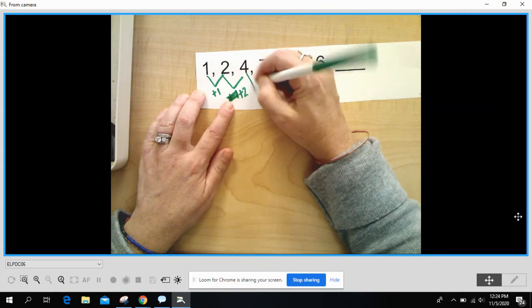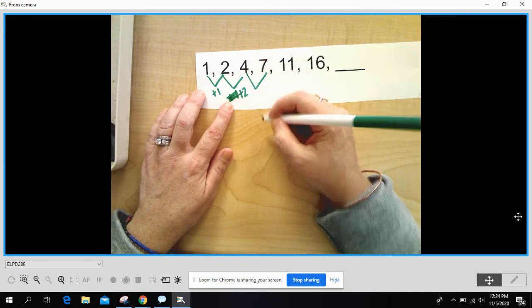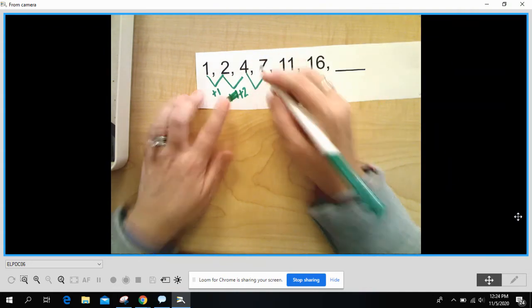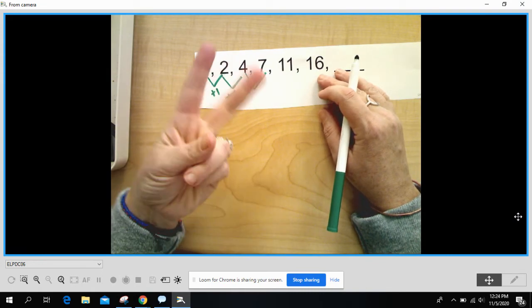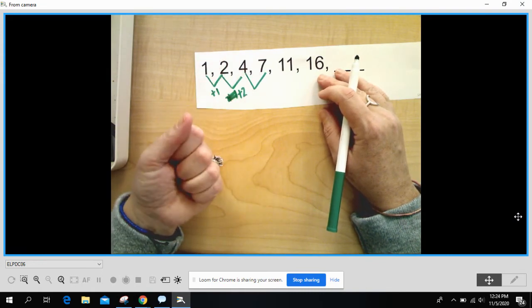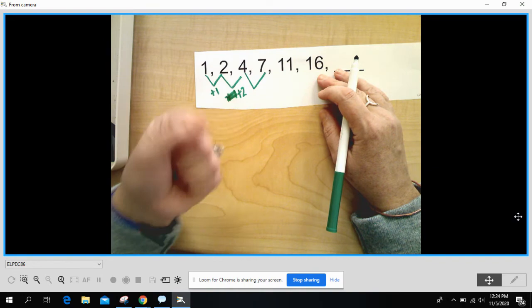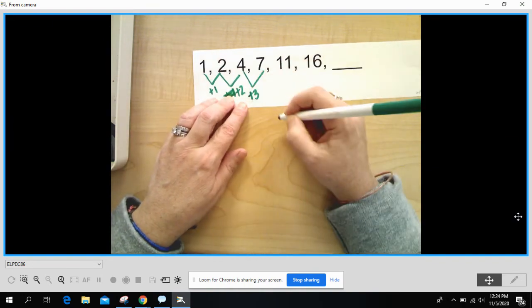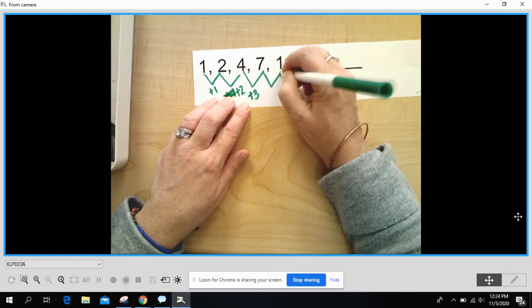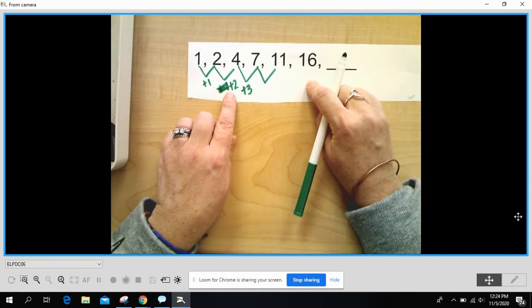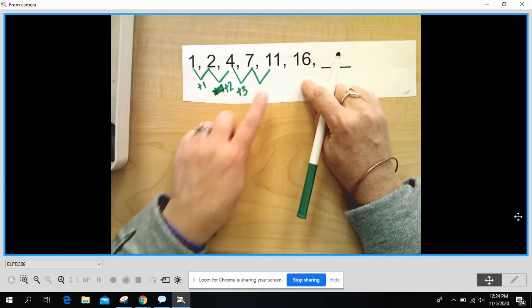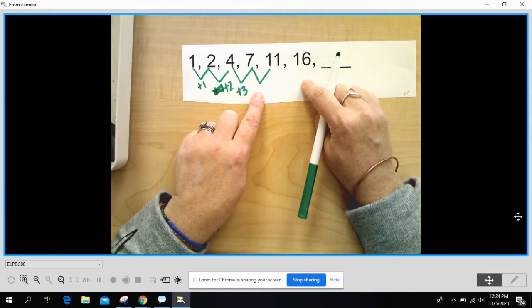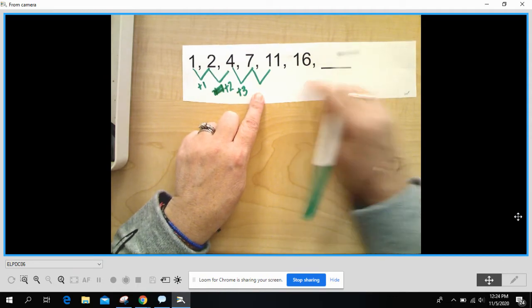Well, what happens between 4 and 7? Is it +2? Well, 4, 5, 6. No, that only gets me to 6. 4, 5, 6, 7. Ooh, that's a +3. Wait a minute. +1, +2, +3. Could this be a +4?